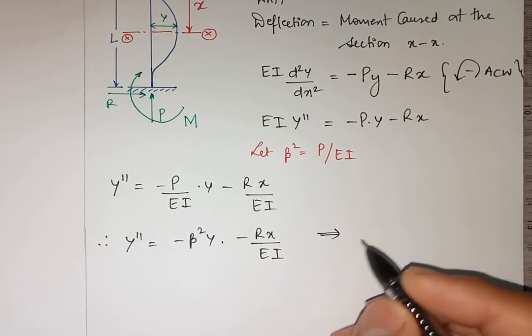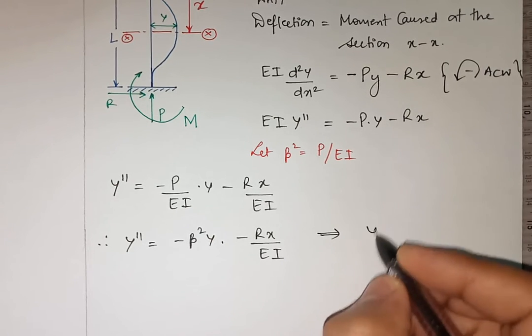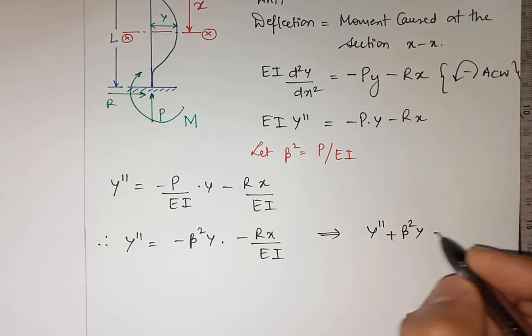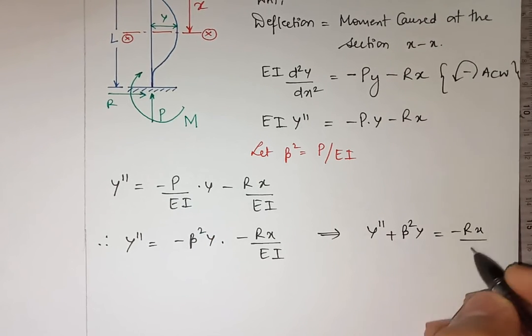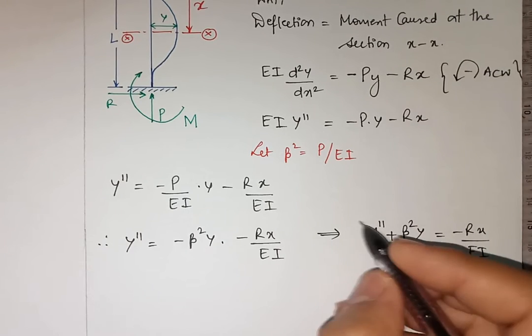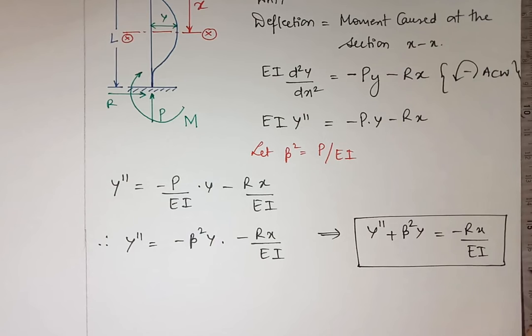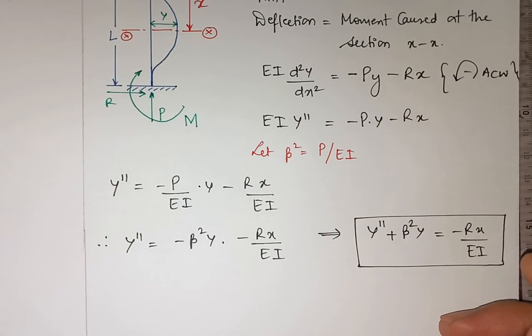If you want to put it in the form of a differential equation, it is y double dash plus beta square y is equal to minus Rx divided by EI. Right? So this is the differential equation whose solution I need to get in order to get the minimum compressive load which causes the buckling.